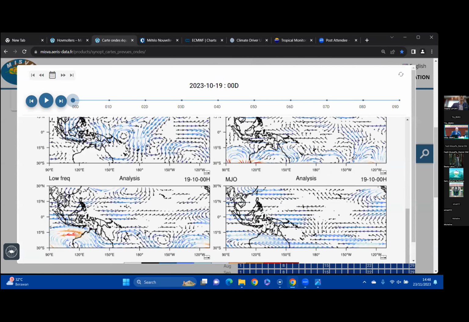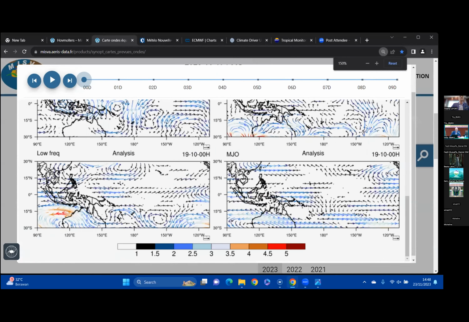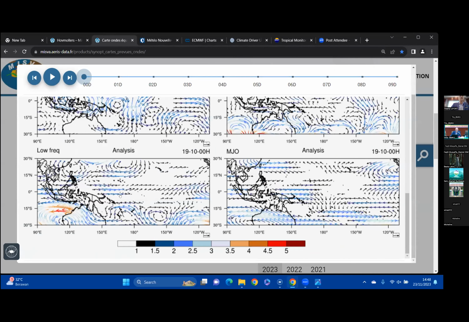First, if you look at low frequency, it was already providing some vorticity because you have a westerly anomaly due to El Nino over the equator, and south of it there were easterly anomalies which were maybe related to the southern hemisphere annular mode, I don't know, but it makes vorticity.